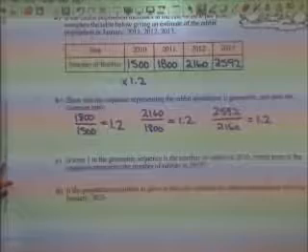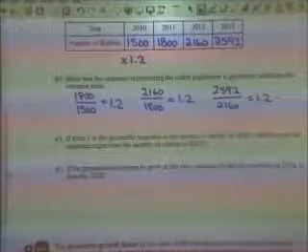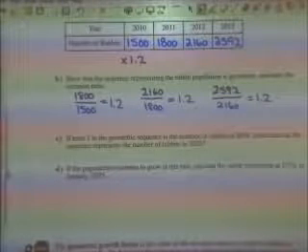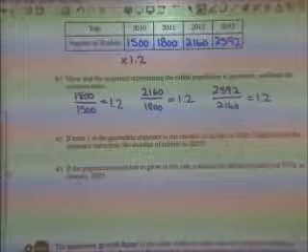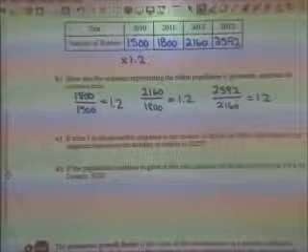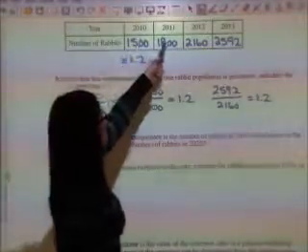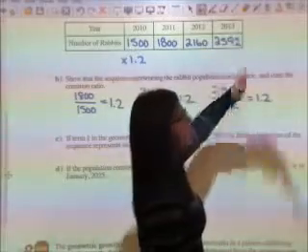If the first term of the sequence is the number of rabbits in 2010, which term of the sequence represents the number of rabbits in 2025? So this is the first term, the second term, the third term, the fourth term.